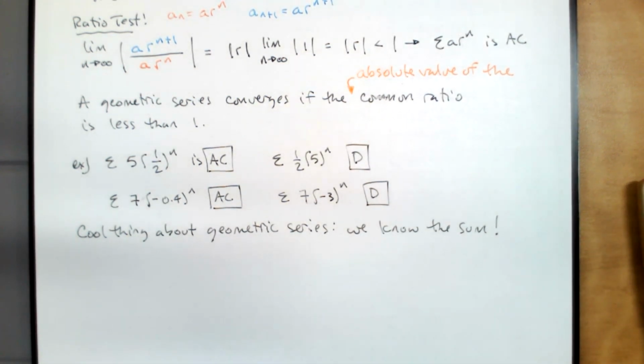One of the cool things about geometric series is that we can actually find the sum of a geometric series. If it's infinite, we can find the sum if it converges.